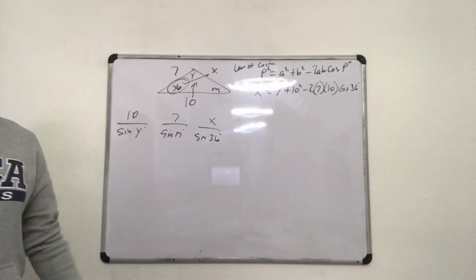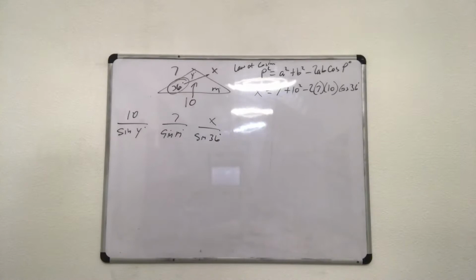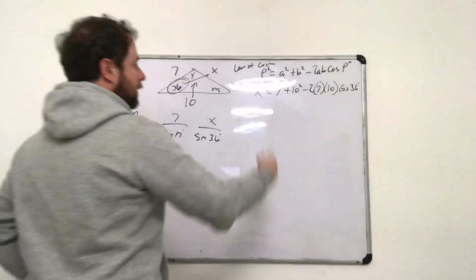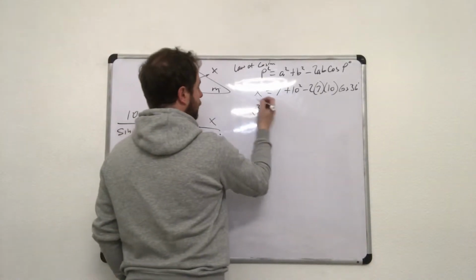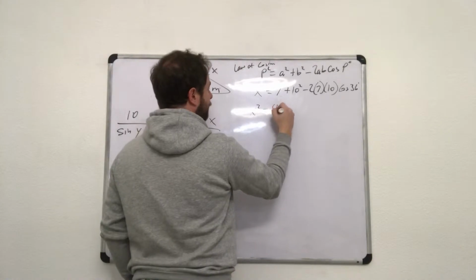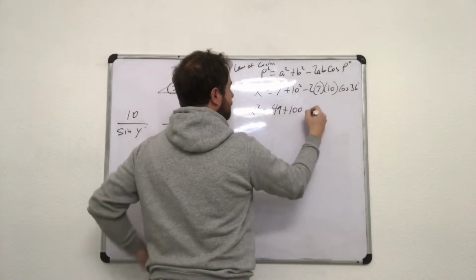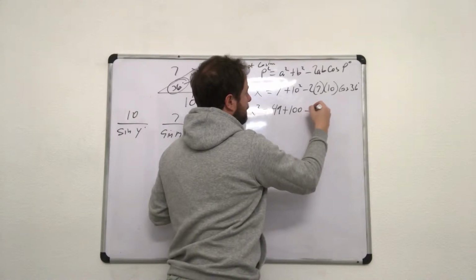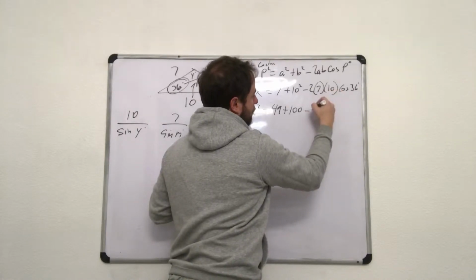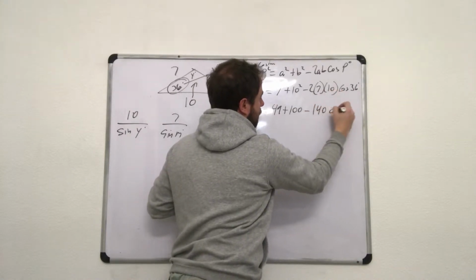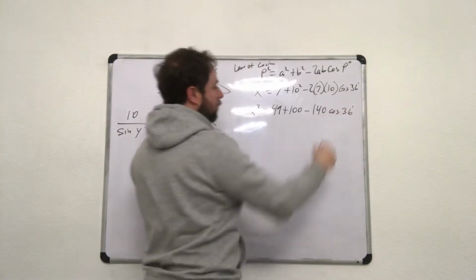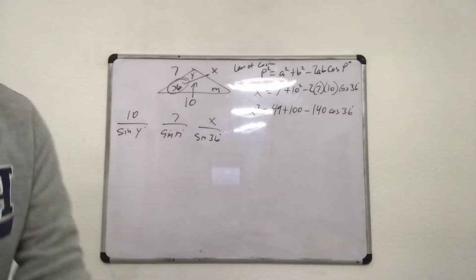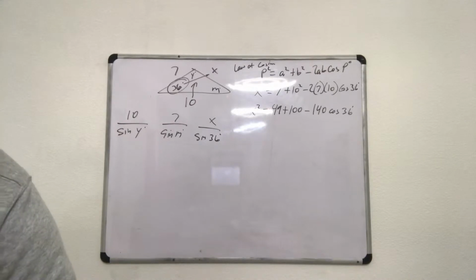Super easy. You're just filling in missing parts into a formula, and then you work it out. So you have x squared equals 49 plus 100 minus 140 cosine 36. So you put 140 cosine 36 into your calculator.